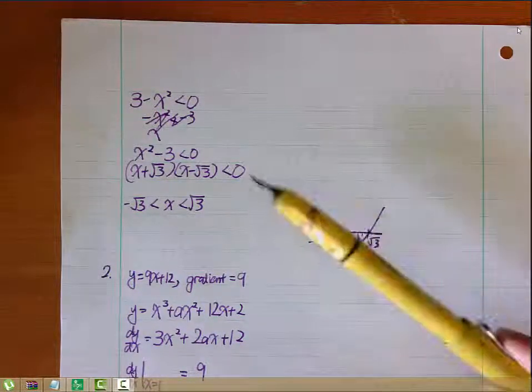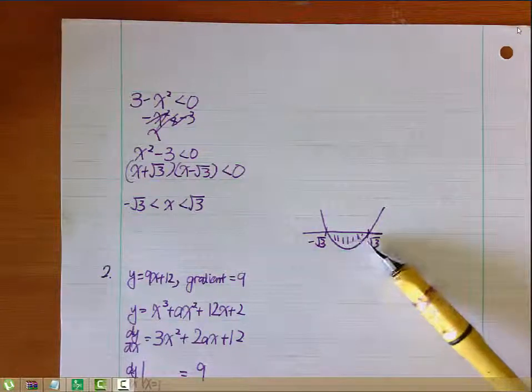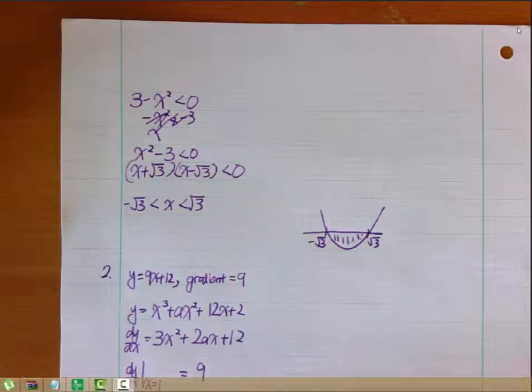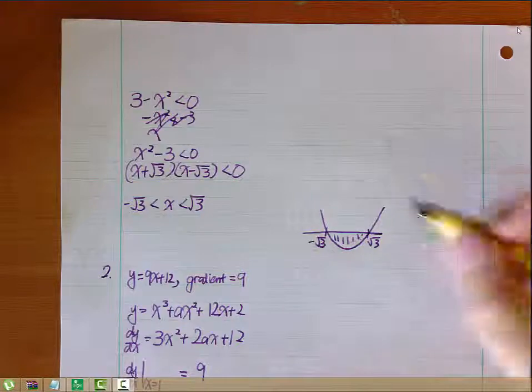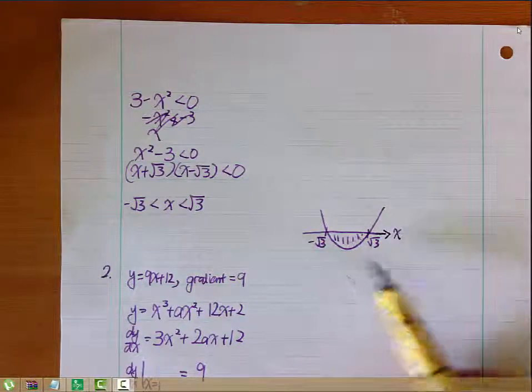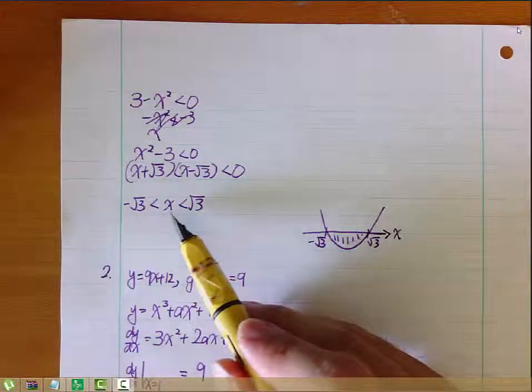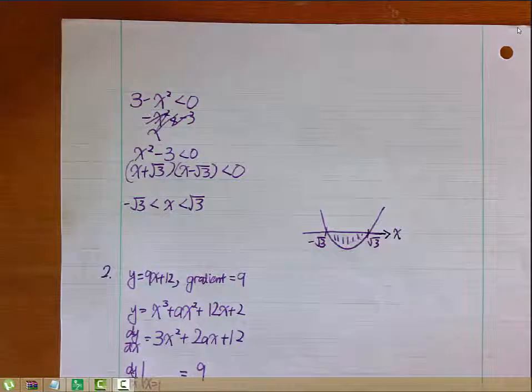The region I'm looking for is the one less than 0, that's why I have shaded this portion here. So the range of values of x for which the curve is less than 0 will be from negative root 3 to root 3. Hence, between negative root 3 and root 3, my function will be a decreasing function.